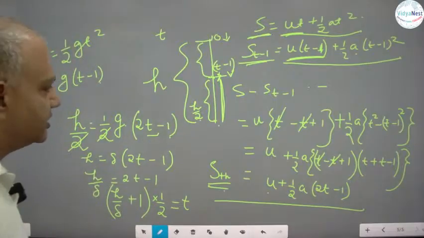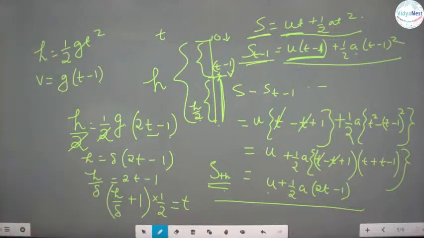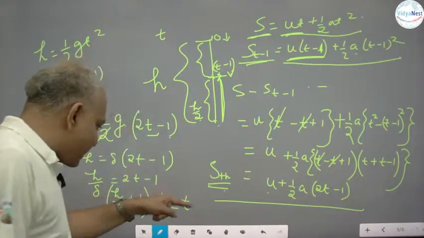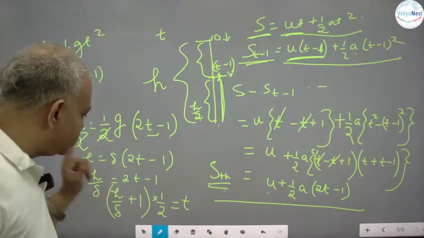Similarly, if I think about the expressions we have found from here, you can see that this expression actually contains a height h.